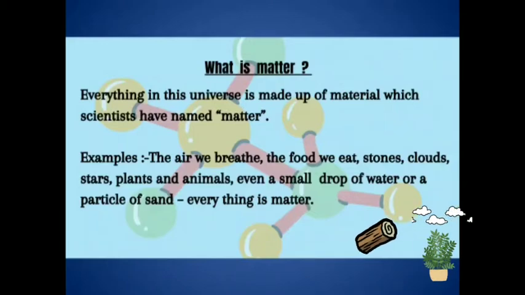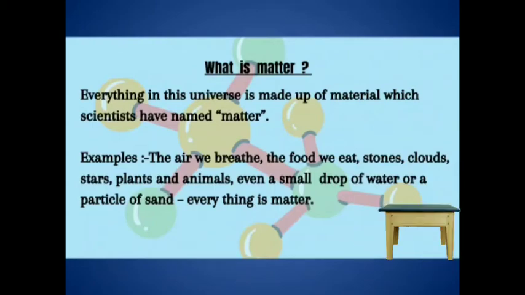For example, the air that we breathe, the food that we eat, stones, clouds, stars, planets, plants, animals, even a small drop of water or a particle of sand. Everything is matter. For example, if there is a table in front of you, the table is made up of wood, a material, and that is matter.